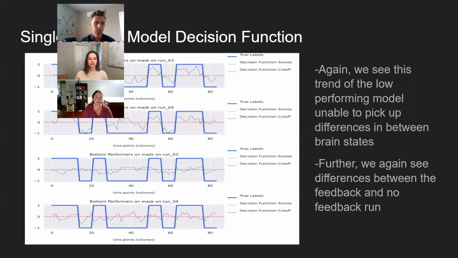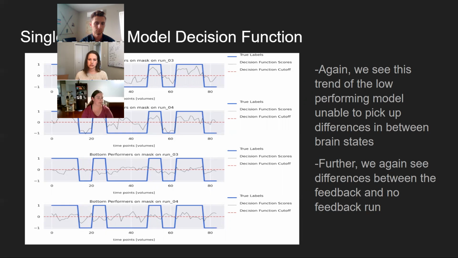So with this one, I wanted to look at how well the classifier decided the labels for the increase and decrease states. And so the black line is the decision function scores that were created by the classifiers. In the top two panels, you can see that for the high performers, the scores more closely followed the true labels of the data in the time series.